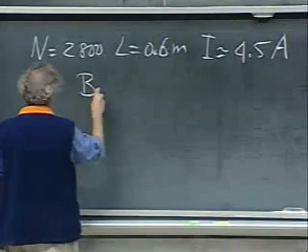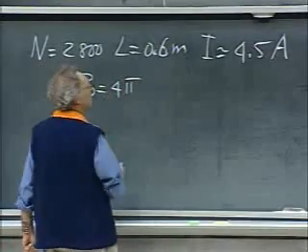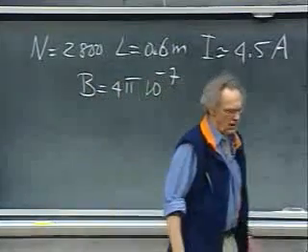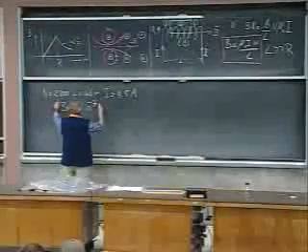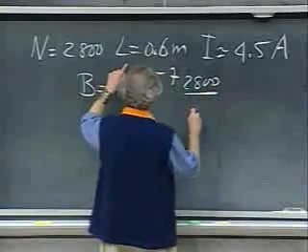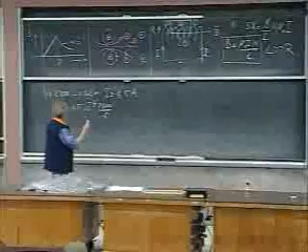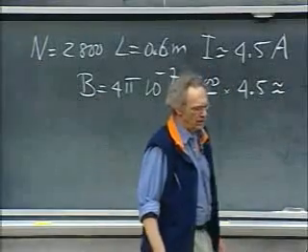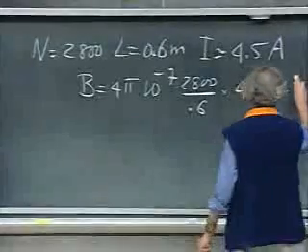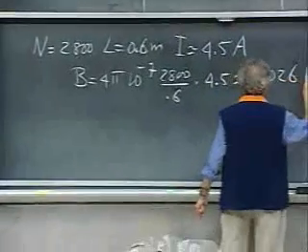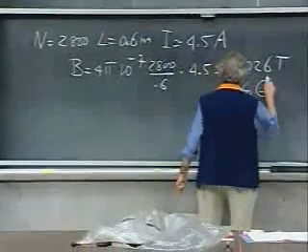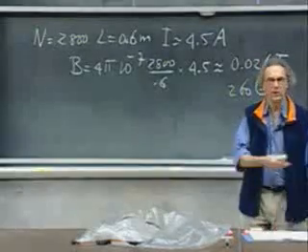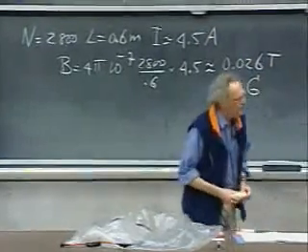The magnetic field strength is going to be 4 pi times 10 to the minus 7, because that's what mu 0 is, multiplied by 2800, divided by 0.6, and then multiplied by the current, 4.5. When I do that, I find about 0.026 Tesla, that is about 260 Gauss. When we do the experiment, the current will be a little different, but you will see that indeed the field will be very close to 260 Gauss.